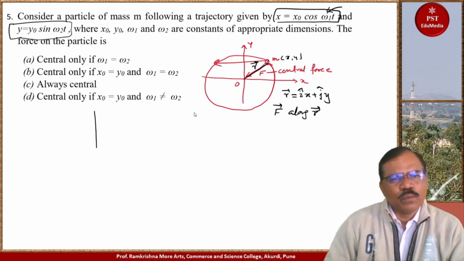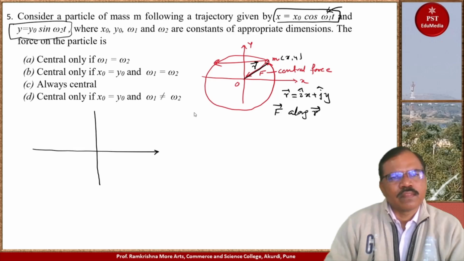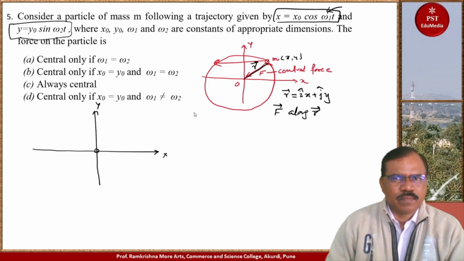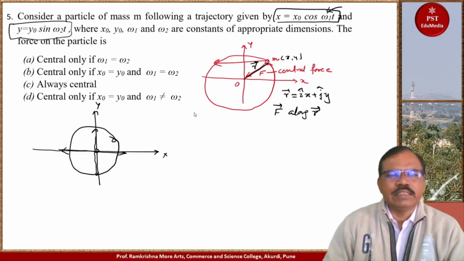Here again we have an xy coordinate system, and suppose we take a mass here, and if we displace this mass, two simple harmonic motions will act. One will act along the x-axis, another along the y-axis. Due to these two motions, the particle will move on the xy plane, and force will act due to SHM along the x-axis and SHM along the y-axis.